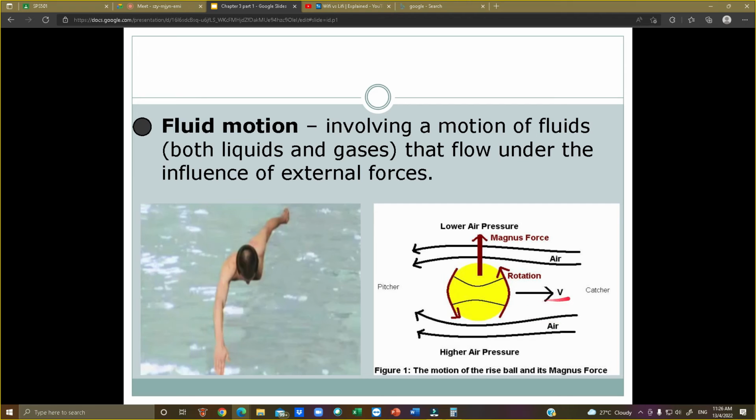Bola tu boleh jadi bola ke atas, bola tu boleh jadi bola ke bawah. It depends on the rotation. If the ball rotates here, it will cause the ball to drop. If the ball moves here, it will cause the ball to rise up. If we change the direction of the ball rotation, it will cause the ball to drop down. Ni nama dia Magnus effect.